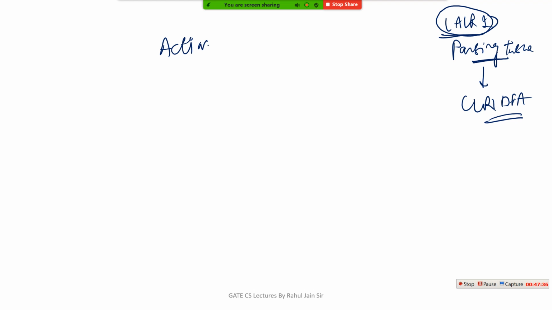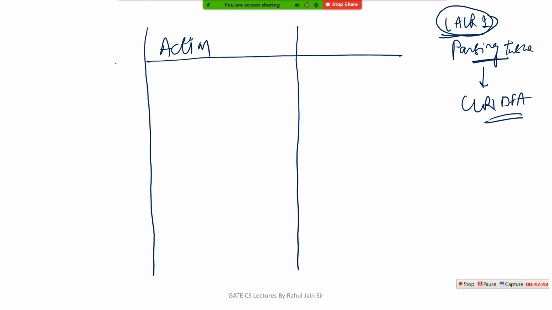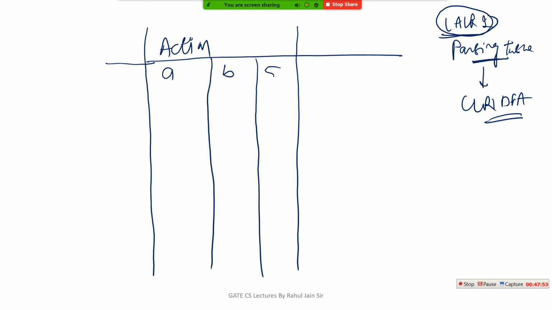The action table entries will be the same. They will not get changed. Terminals are the same, and non-terminals are again not changed.